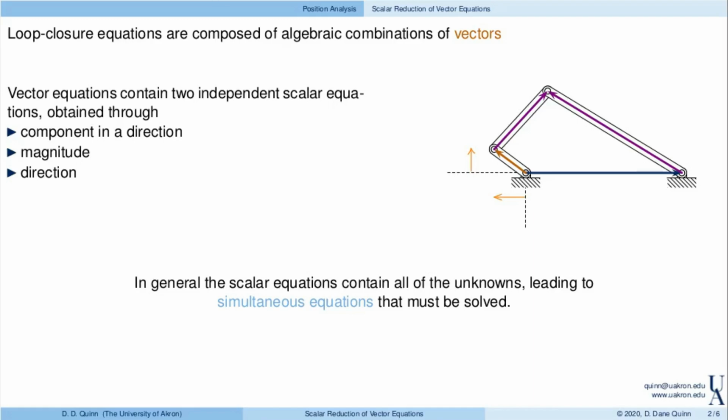then that could be a known quantity. But then the loop closure equation essentially represents these other two unknown vectors. So to this, we might add a component like so in the j direction, and then a component like this in the i direction.